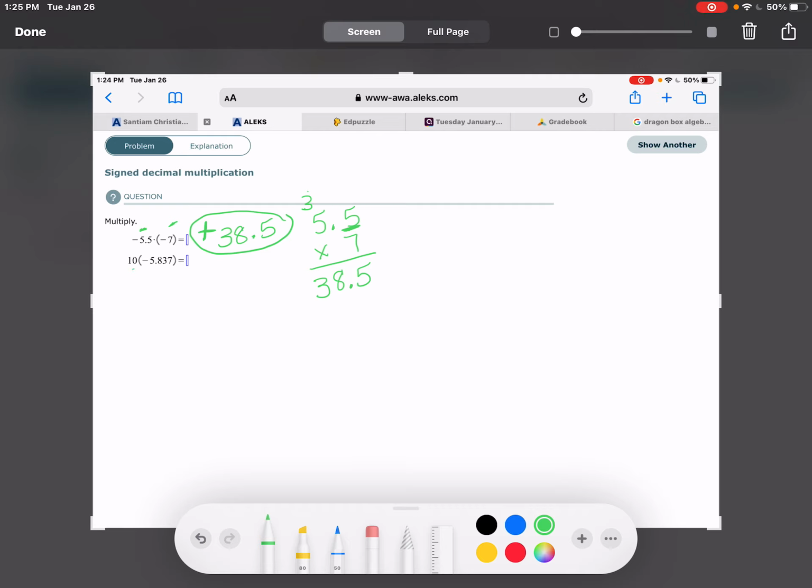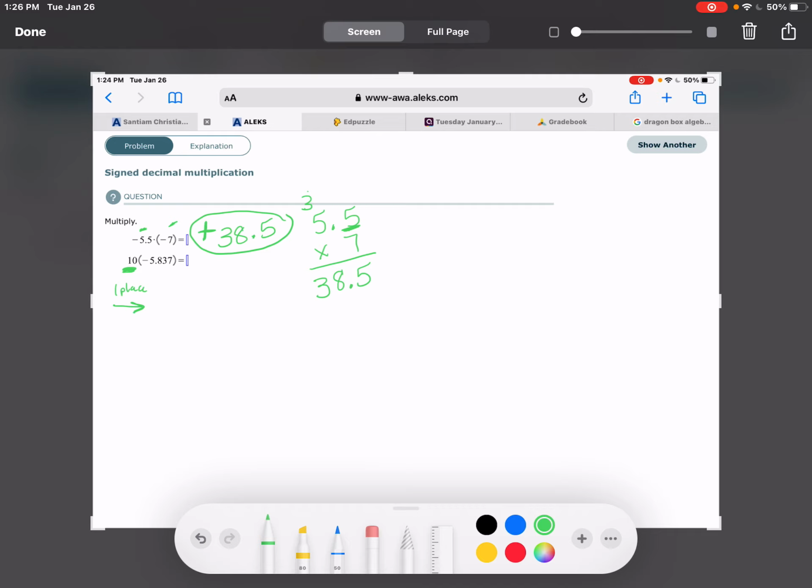All right, the next one is super cool because it's times 10. To times 10, I am going to make my number go bigger by 1 decimal place to the right. To remember that, just remember that when you're multiplying by 10 or 100 or 1,000, your number's going to get bigger.